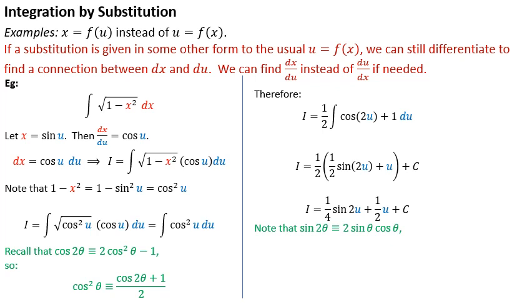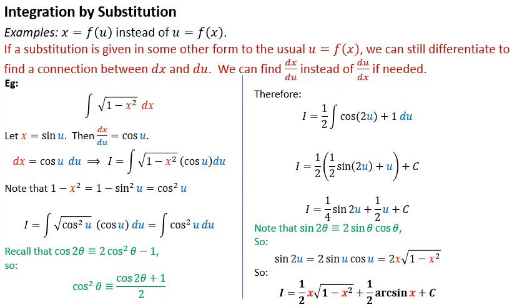So I'm going to make use of the sine 2 theta double angle identity. And then remember, we already know that if x is sine u, then the square root of 1 minus x squared is cos u. So that piece becomes 2x times root 1 minus x squared. And this is our final result.